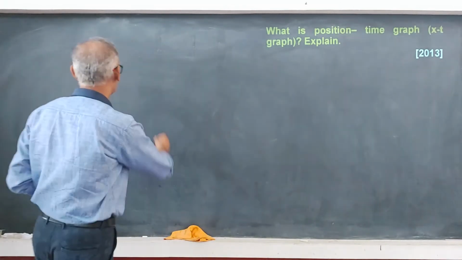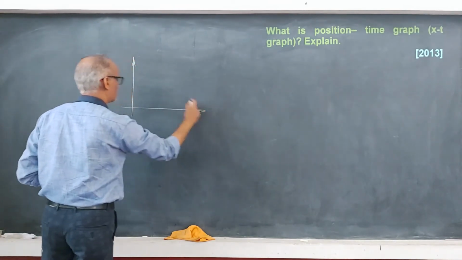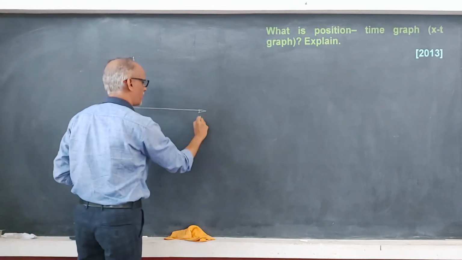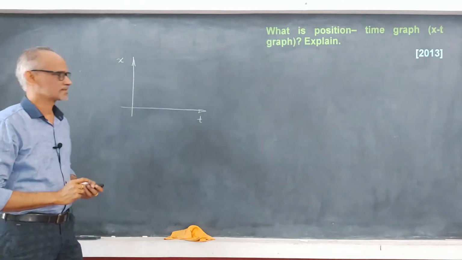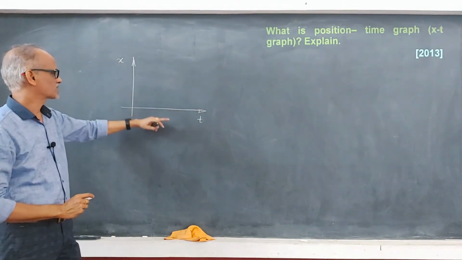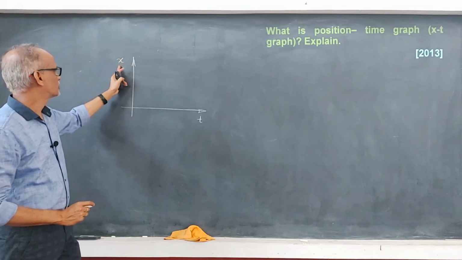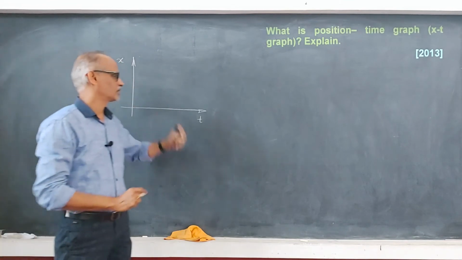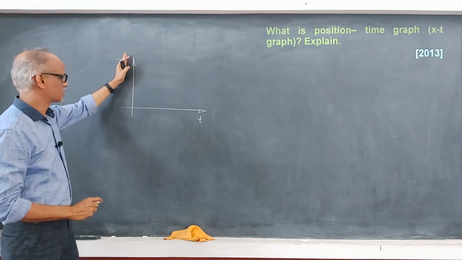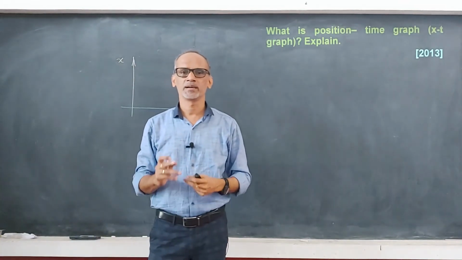Now a graph obtained by taking position, which is represented by x, along the y-axis, and time along the x-axis is called as position time graph, or it is also called as xt graph.